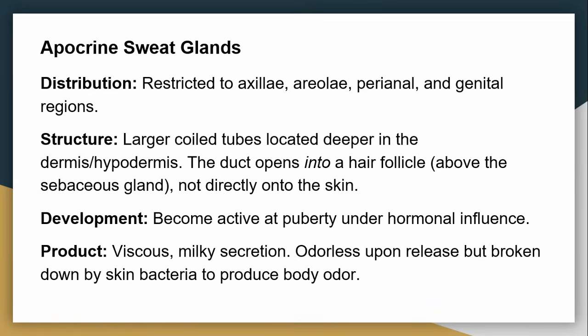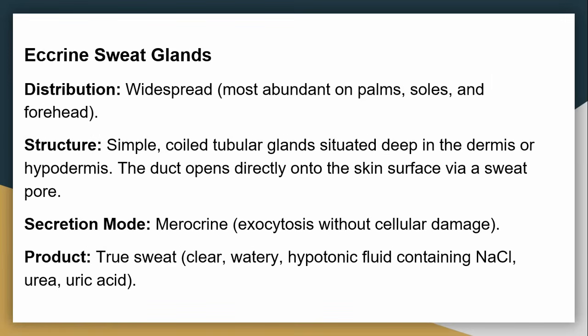While the apocrine glands were larger coiled tubules, deeper in the dermis and hypodermis, and they open into the hair follicle just above the sebaceous gland and do not directly open to the surface of skin.